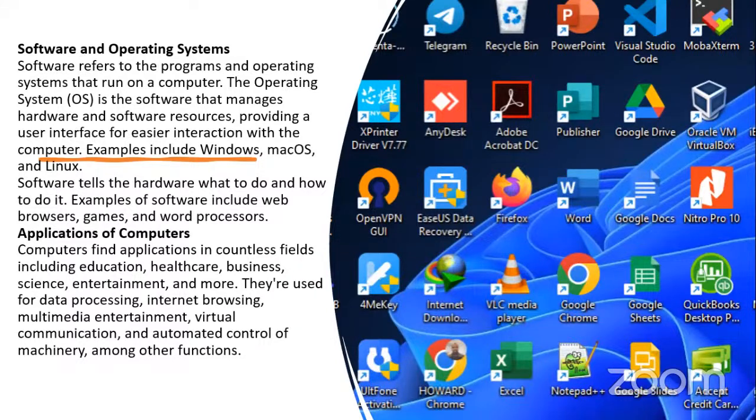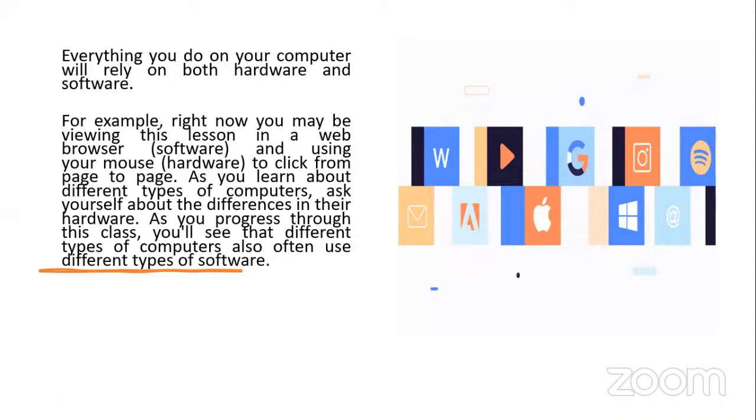Google Drive, you know what that is all about. The printer for printing, Firefox for browsing, and so on and so forth. So these are applications that you need in your system for your various day-to-day tasks. Everything you do on your computer relies on the hardware and the software. Any question, please?